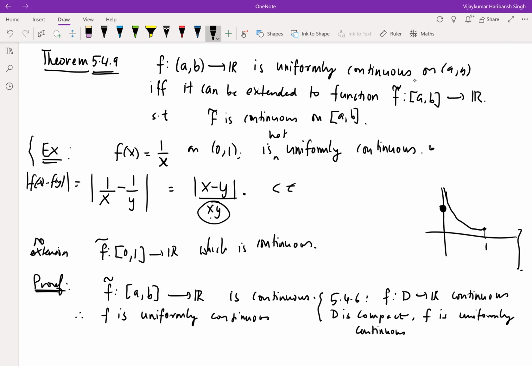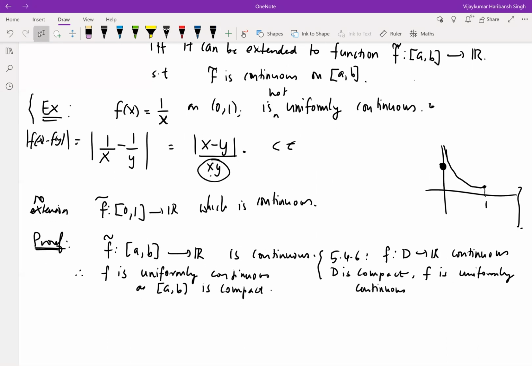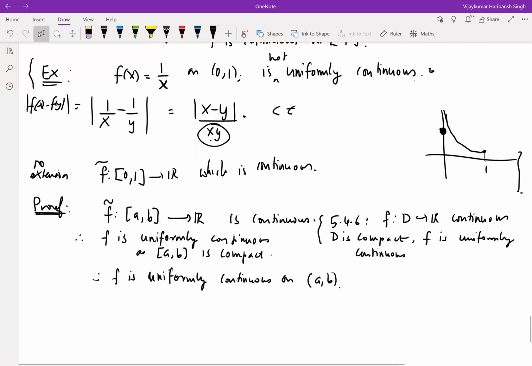So f tilde is continuous, and [a, b] is compact. Therefore f tilde is uniformly continuous. If you're uniformly continuous on a set, then you are uniformly continuous on a subset of it. Therefore f is uniformly continuous on (a, b). So I'm using the following fact: if f is uniformly continuous on a set, then it is uniformly continuous on a subset of it.